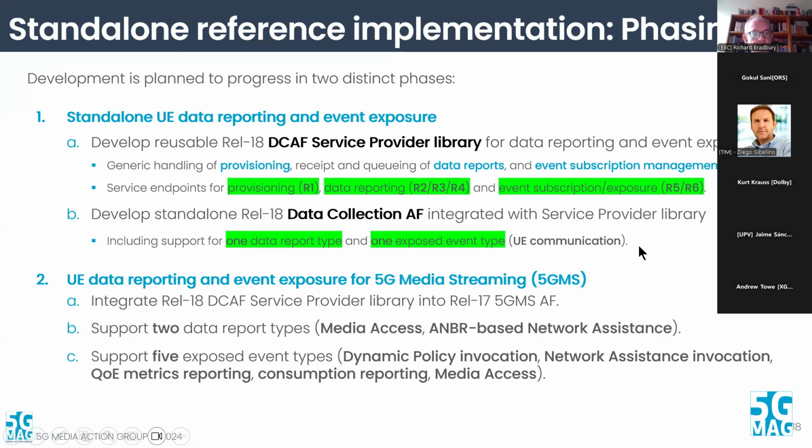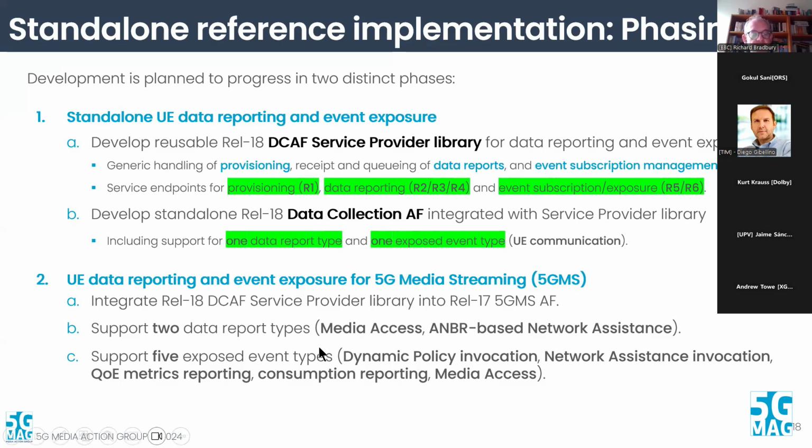So that's this generic standalone UE data reporting and event exposure aspect. And this is pretty much where we've got up to, which is why I've marked all these in green. So we've achieved all of these things. And we've got a kind of a pre-release of the code in the 5gmag repository on GitHub.